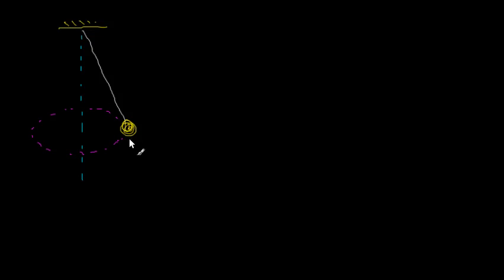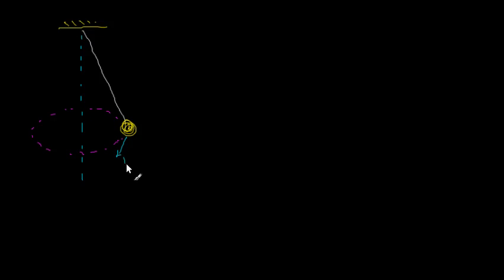Now, of course, I have to push it with just the right velocity, otherwise it will go around in some other shape. I need to give it a push with exactly the right velocity in a direction that is perpendicular to this vertical plane containing the line and the vertical.